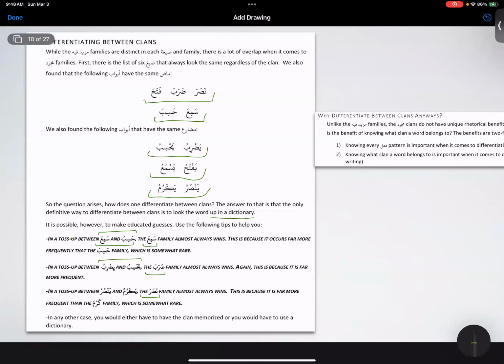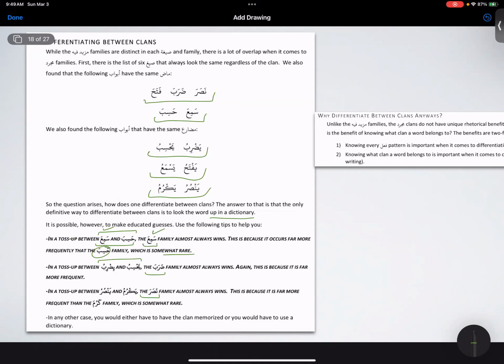If we are confused on these two, then we go for the Samia family because it is used frequently, while Hasiba is rare.